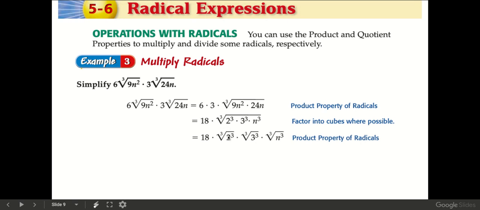And so then I can simplify that, because those are all perfect third roots. That gives me 2, 3, and n. So then I would do 18 times 2 times 3, which is 108 times n, 108n.